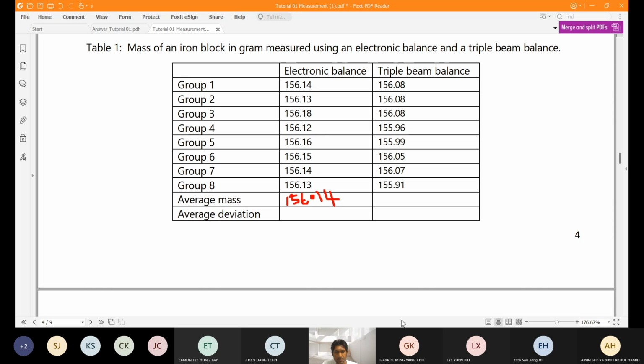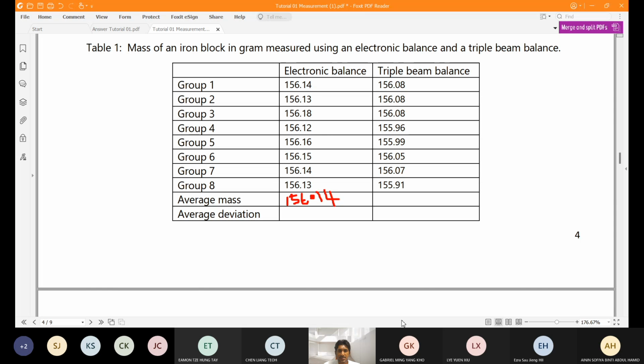So the electronic balance is showing 0.01. If we do it that way, 0.01 is the average deviation, and 0.06 for the triple beam balance average deviation. But this is good. And at the end, plus or minus 0.01 should be good to serve our purpose.